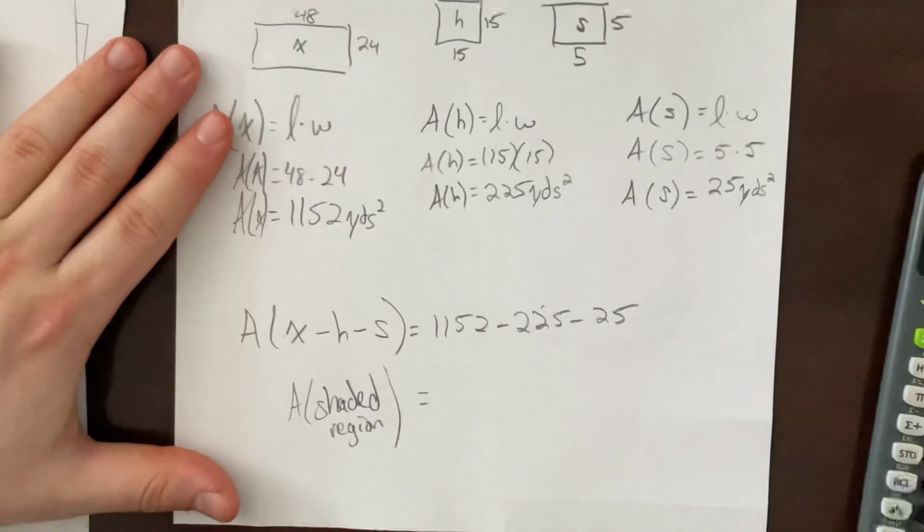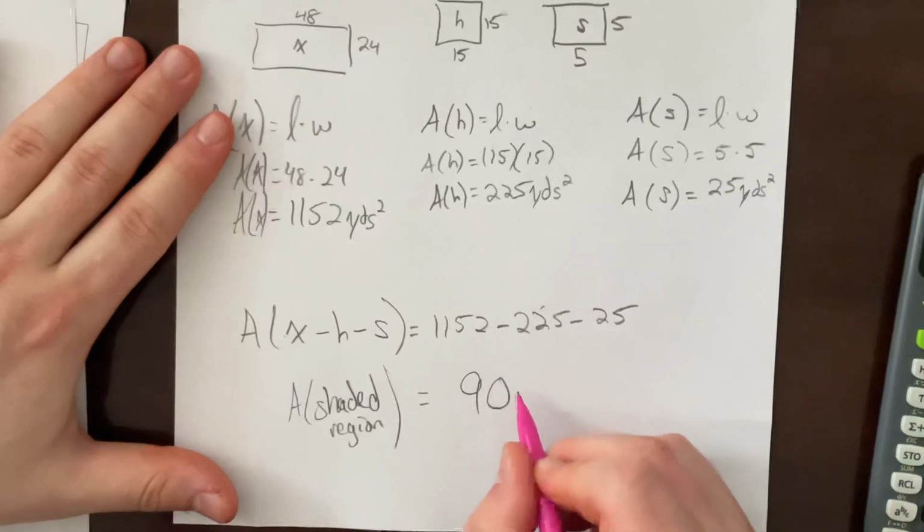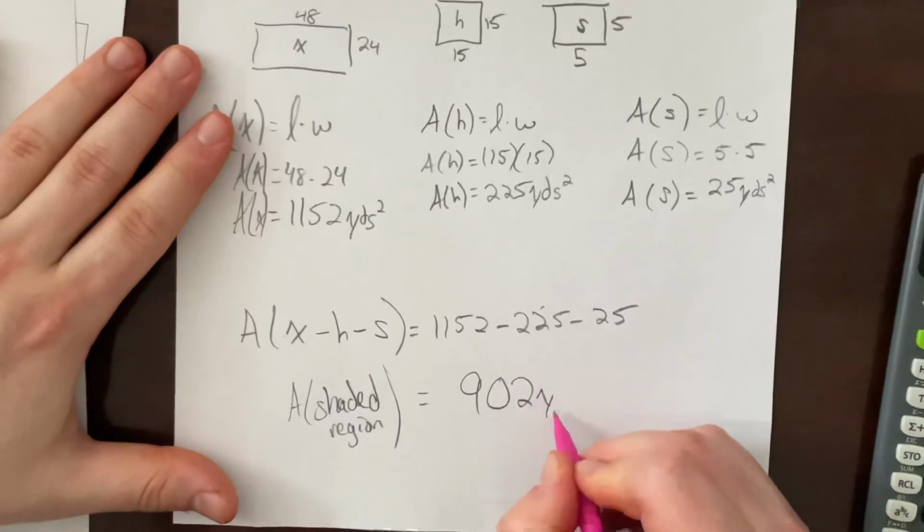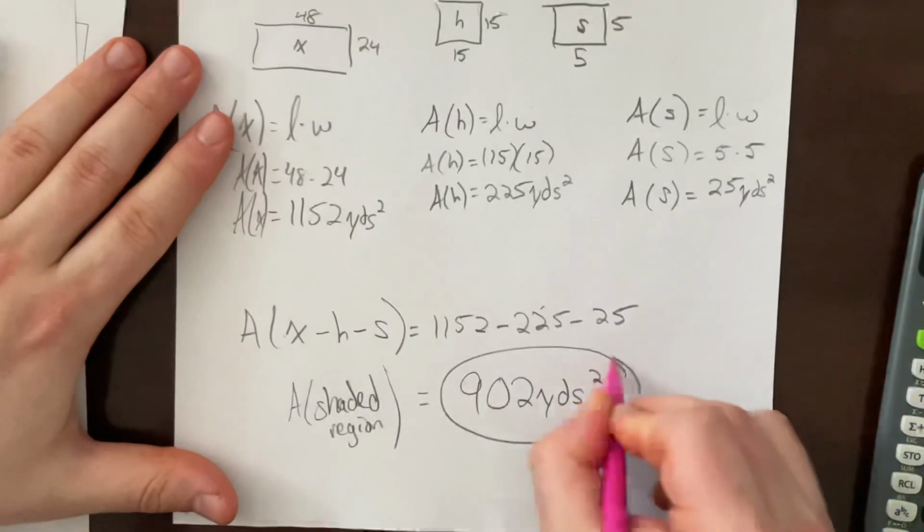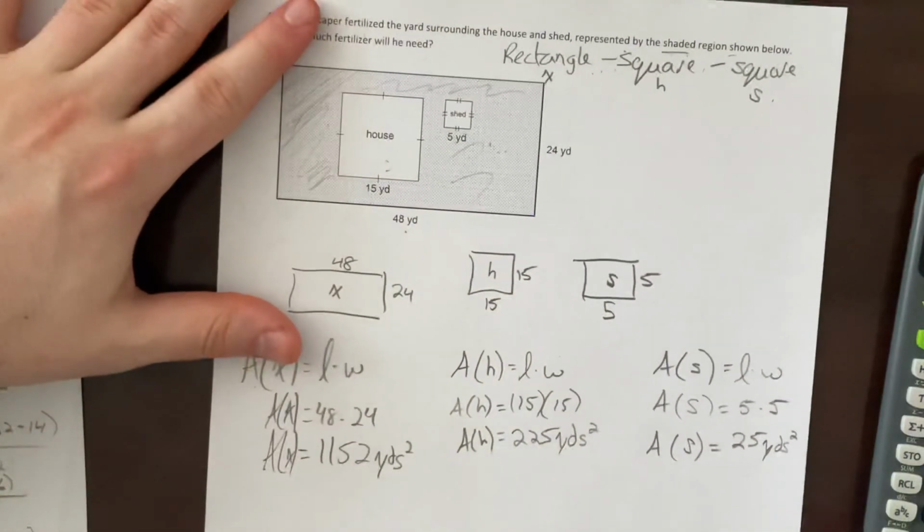And so we can say a grand total of 902 yards squared is the area of the shaded region.